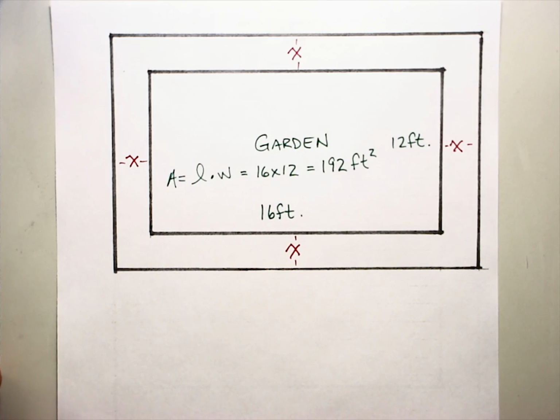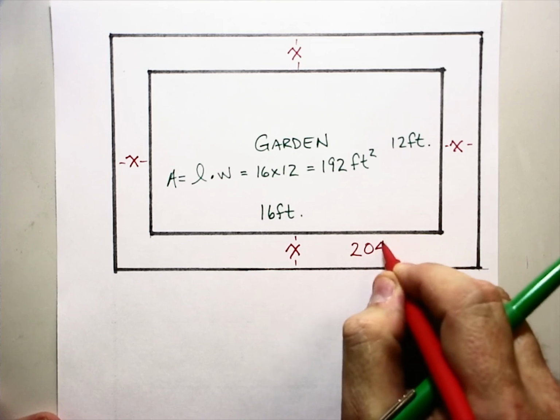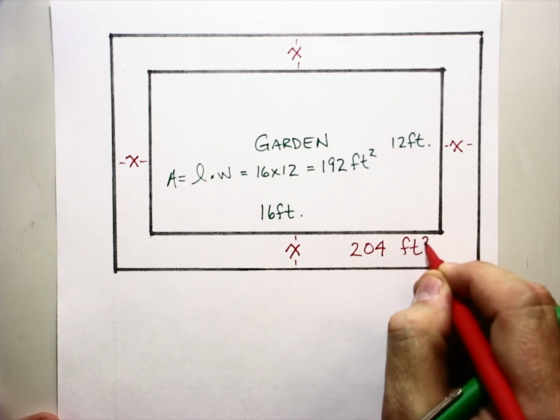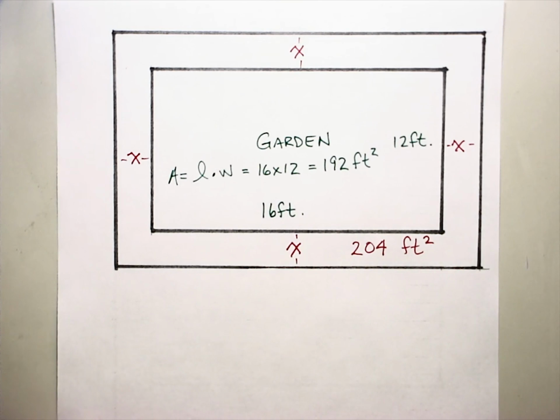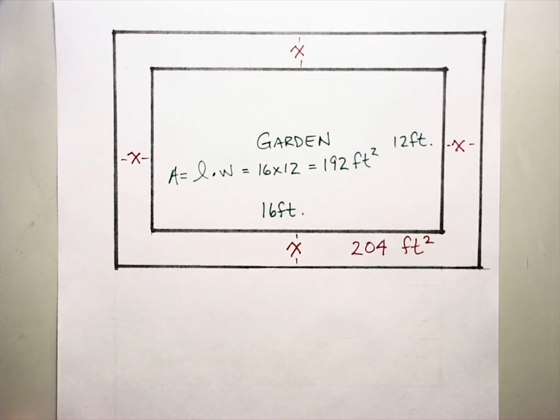We also know from the problem that Cliff was able to buy a total of 204 square feet of brick. So we know that at most he can use 204 square feet of brick to build his walkway. As I mentioned before, the area of a rectangle is length times width.